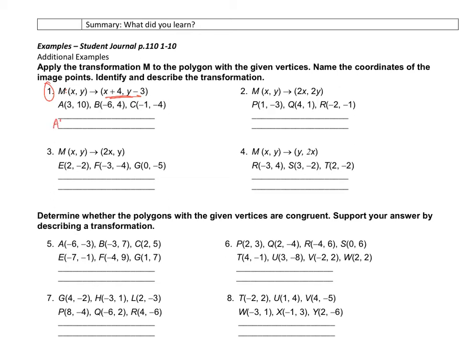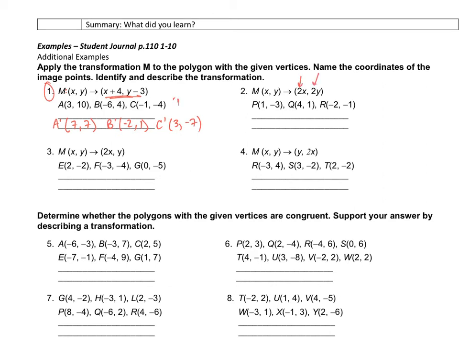So A prime would be 3 plus 4, which is 7, and then 10 minus 3, which is 7. B prime would be negative 6 plus 4, which is negative 2, and 4 minus 3, which is 1. And C prime would be negative 1 plus 4, which is 3, and then negative 4 minus 3, which is negative 7.